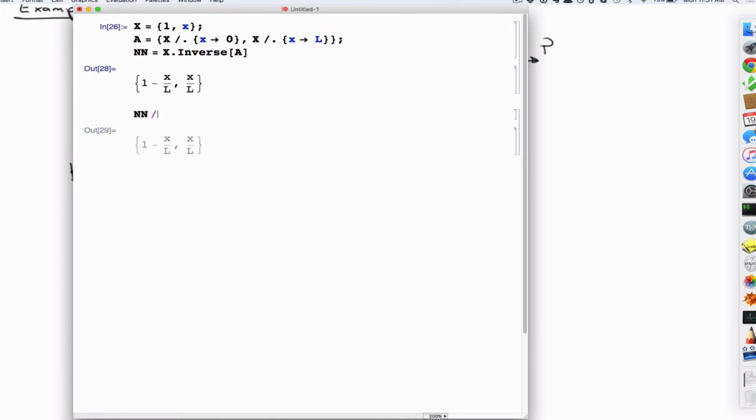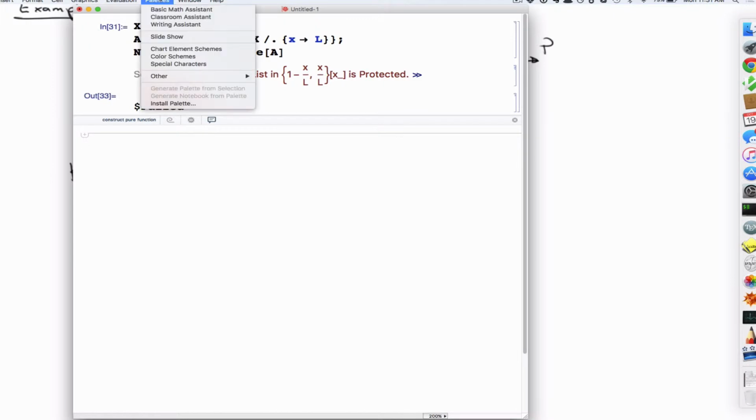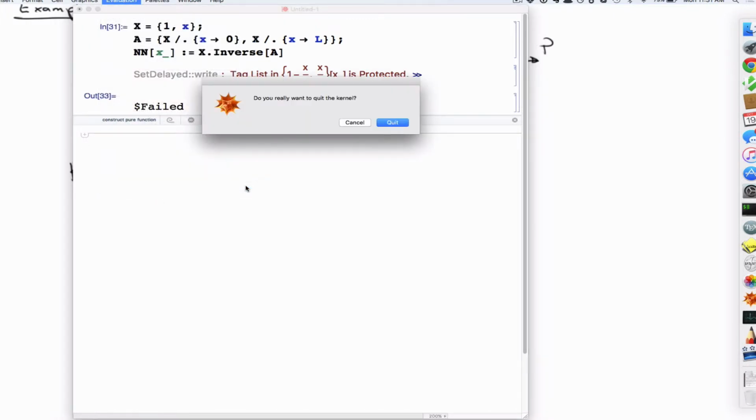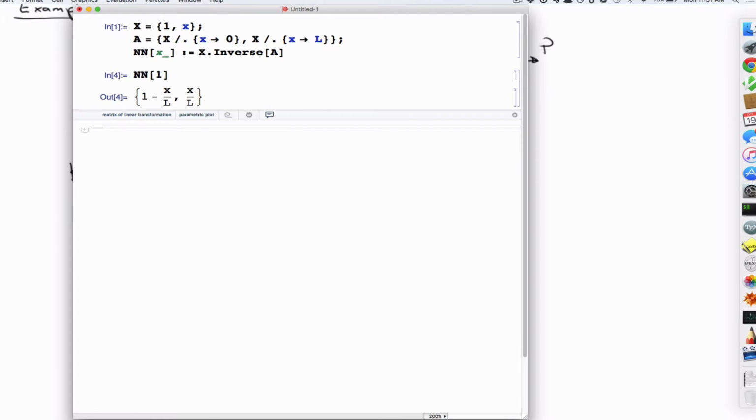I could do a substitution later on, but that's not what I want to do. So what I can do is assign these, and the syntax in Mathematica is like this, right? It's probably because I've already evaluated it, but let me try this again. There we go.